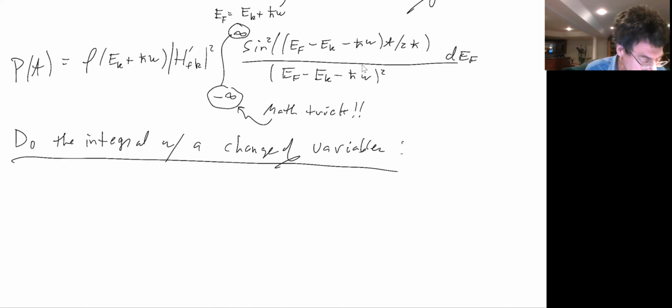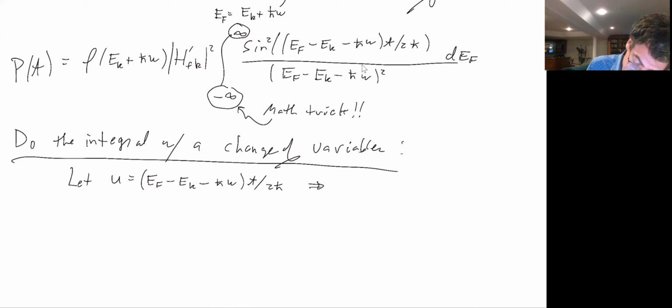What we can do is let u equal E_F minus E_K minus h bar omega, times t over 2h bar. And then there's a couple of things to notice.